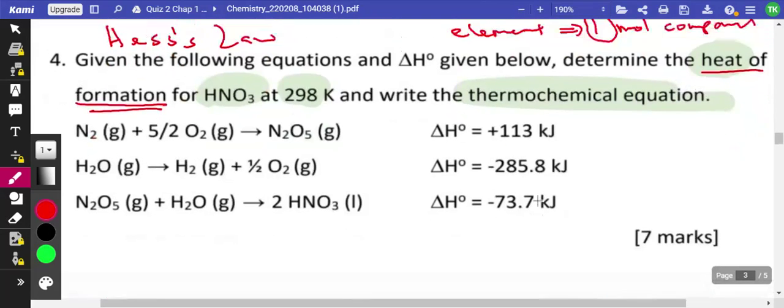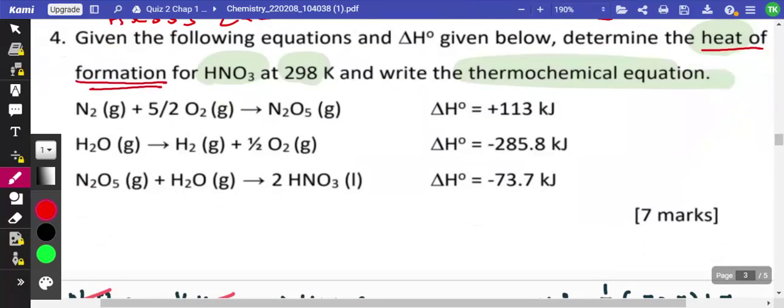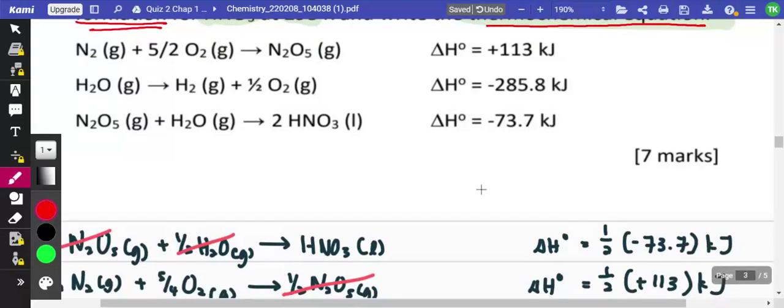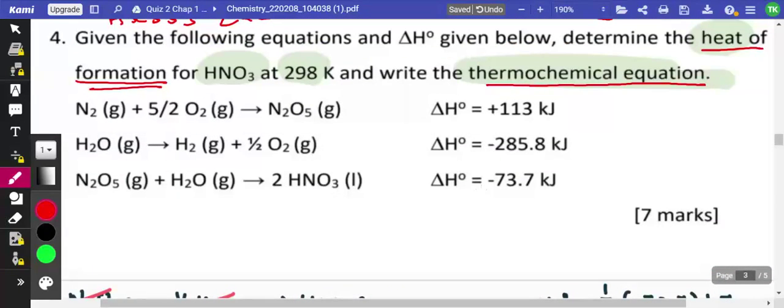So what is asked for is heat of formation and also writing the thermochemical equation. For this question, HNO3 means it has hydrogen element, nitrogen gas element, and also oxygen gas element.